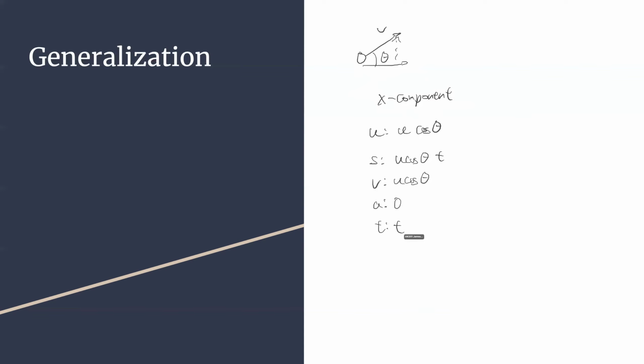So basically, you split the components. You have to be very careful. x component, u is just u cosine theta, s is u cosine theta t, v is u cosine theta, a is 0, t is just t.